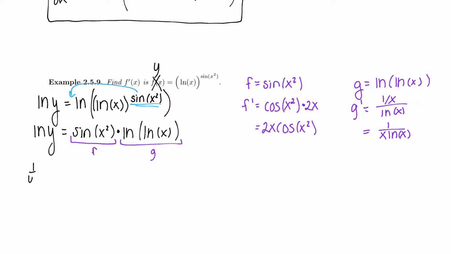So taking the derivative, 1 over y dy dx is equal to f prime g plus g prime f. So f prime is 2x cosine of x squared.